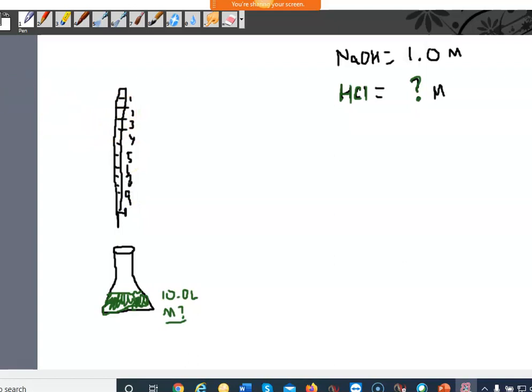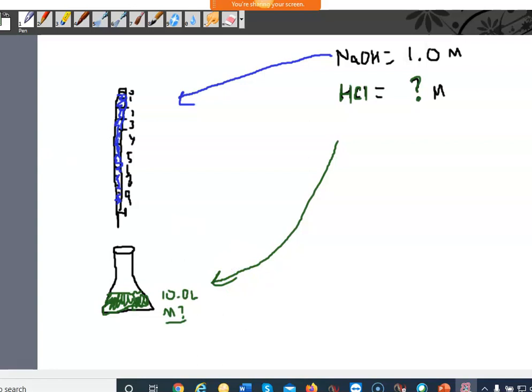And I fill this up. Let's do this in blue. I fill this up with my sodium hydroxide. And I fill it all the way up at the 0 mark. So this is filled up with our sodium hydroxide, 1 molar. And my unknown HCl is in here.